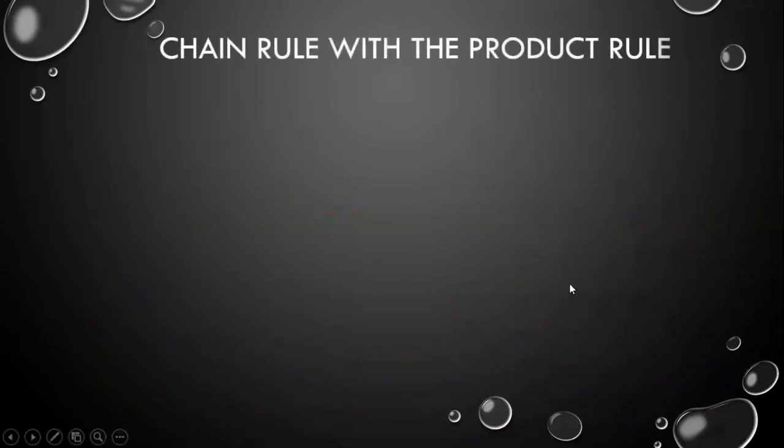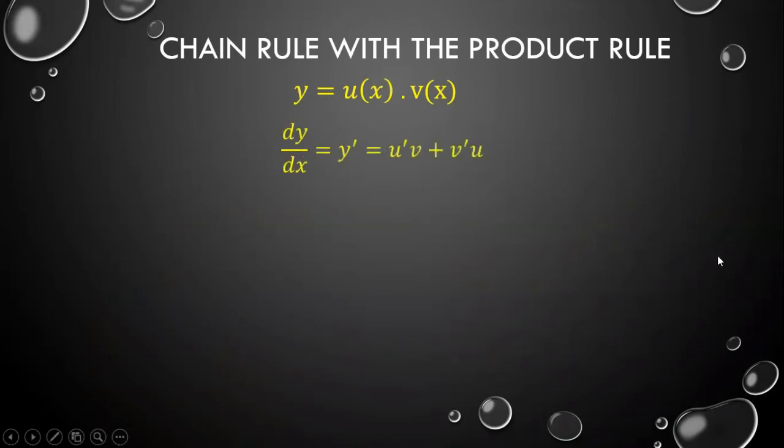Next, chain rule with the product rule. Let y equal u(x) times v(x). So dy over dx or y prime equals u prime v plus v prime u.